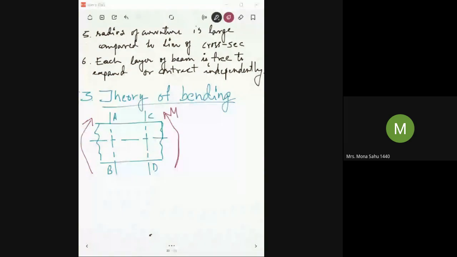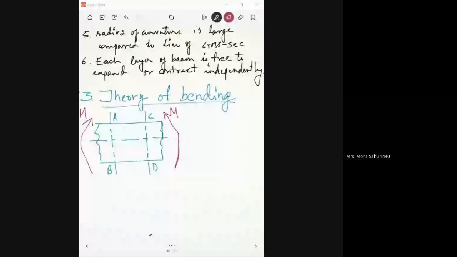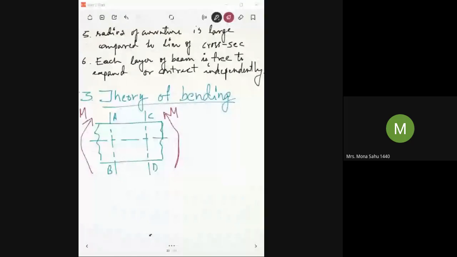Moment is in this direction, upwards. Imagine if this is the beam, and I'm applying a bending moment here.